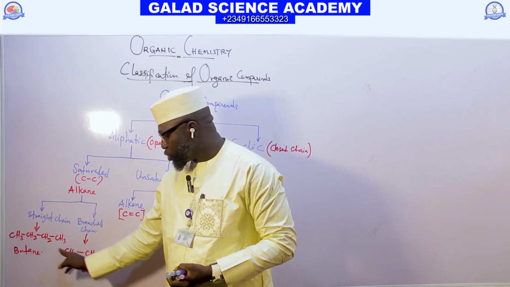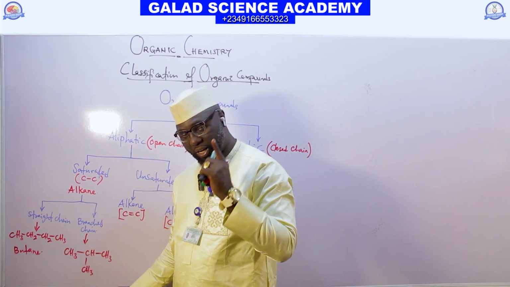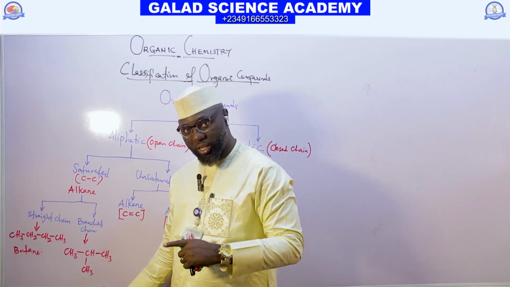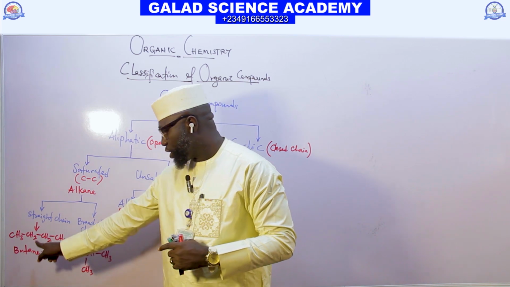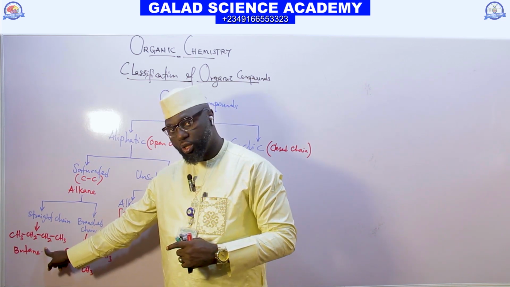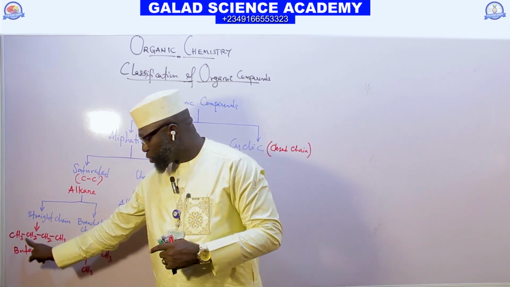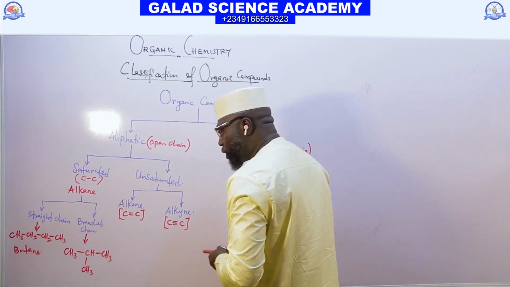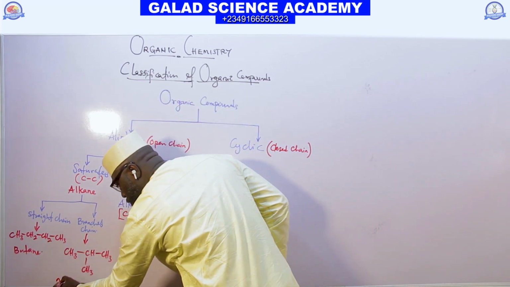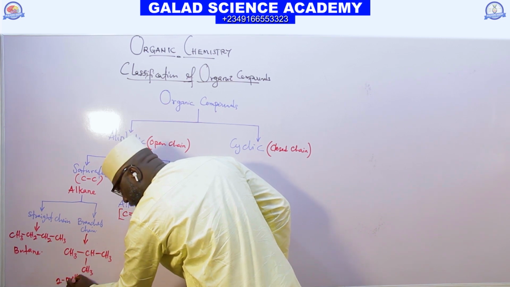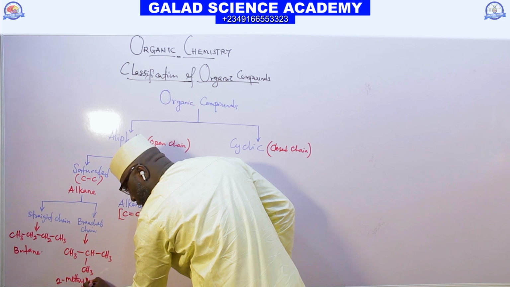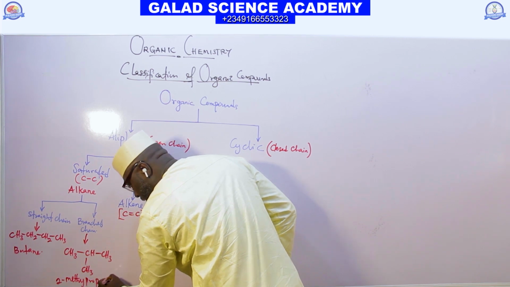You can see that these two compounds have the same carbon atoms and the same hydrogen atoms. So this structure is a branch of this structure. So if this one is butane, this one we call 2-methylpropane.